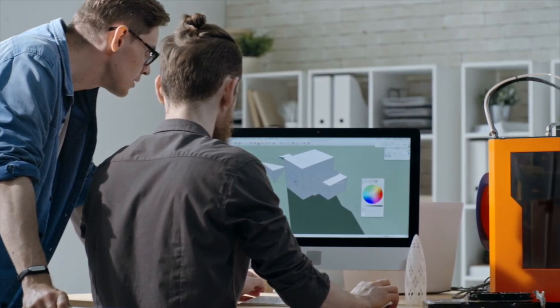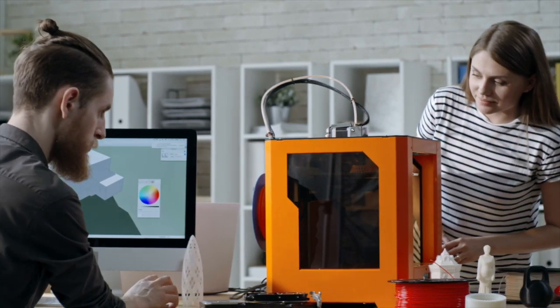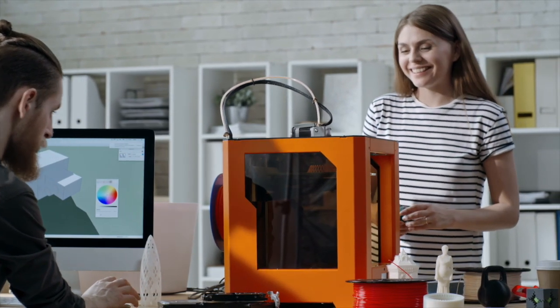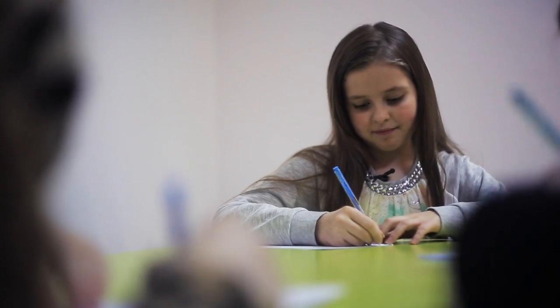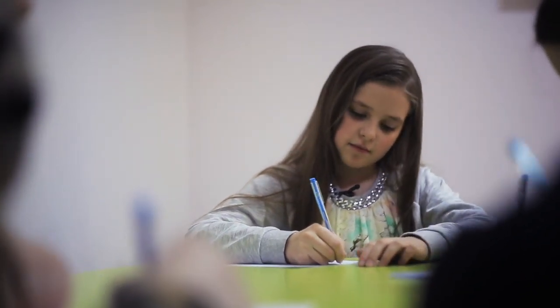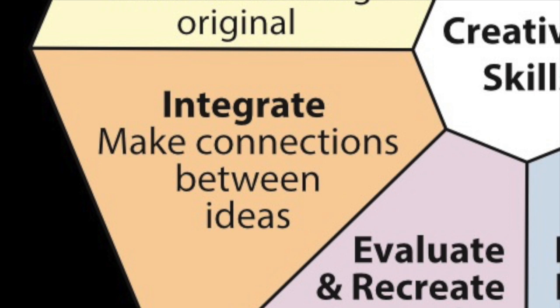Industry leaders say that one of the top qualities that they look for in employees is the ability to think creatively, to think of multiple solutions to a problem. If you have students write about a memory, such as tell a story about a holiday that you remember, you're integrating, you're making connections between their memories, their writing, and their visual art.